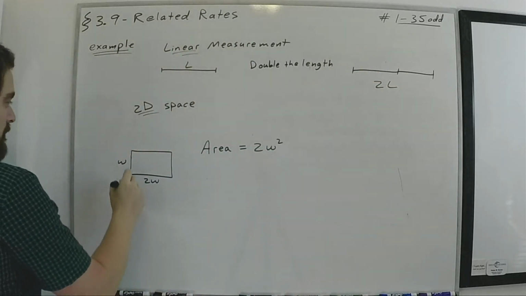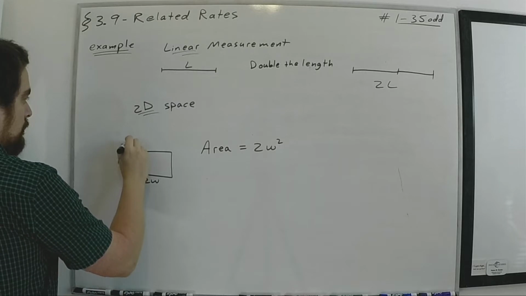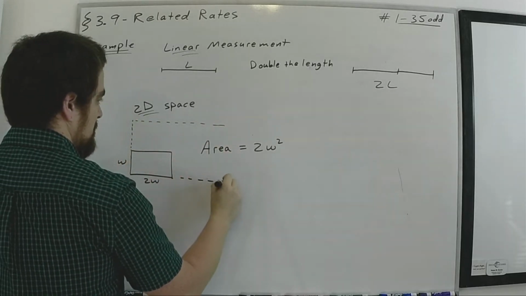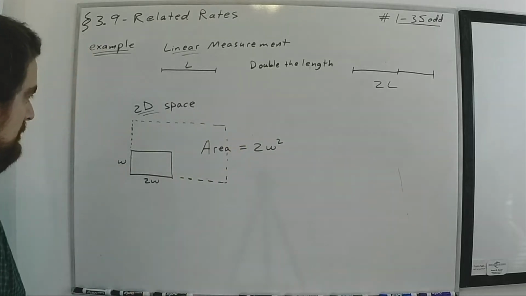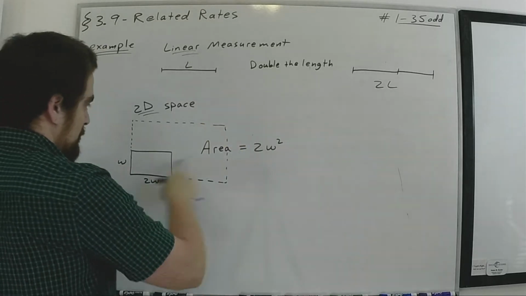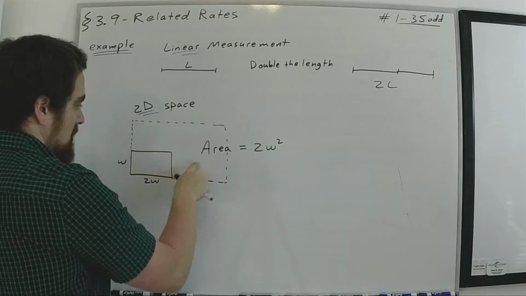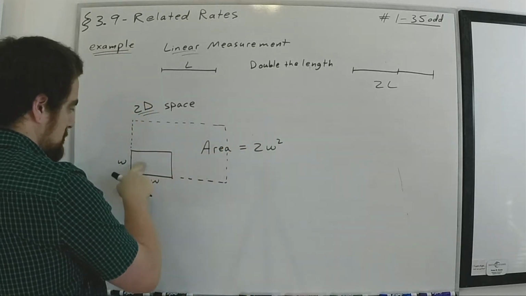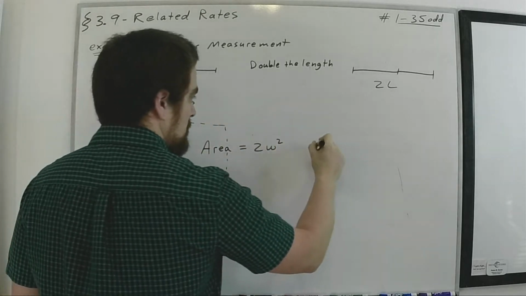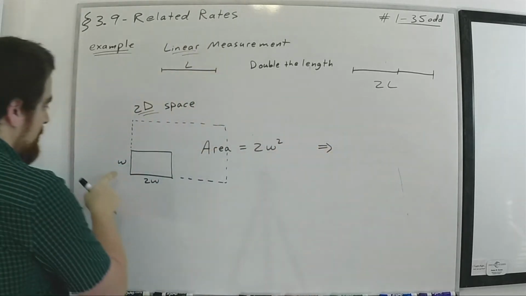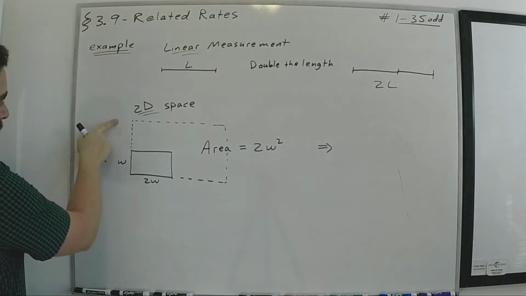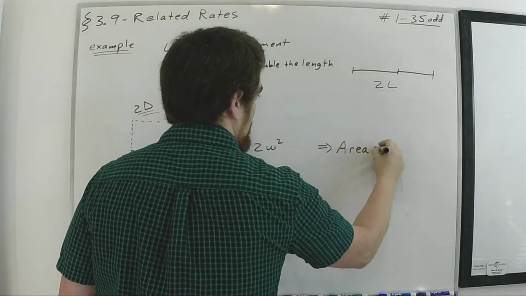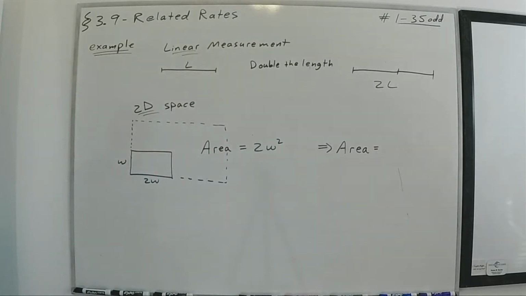Simple. But what if I want to double the width here? Well, I end up doubling the size of this entire rectangle. I don't simply double the area. You can see that I've done a lot more to the area. So if I want to double the size of this original rectangle, I have to think about what I am doubling. I'm only doubling the width to get 2W, but it's affecting my area a lot more than just a simple multiple of 2.